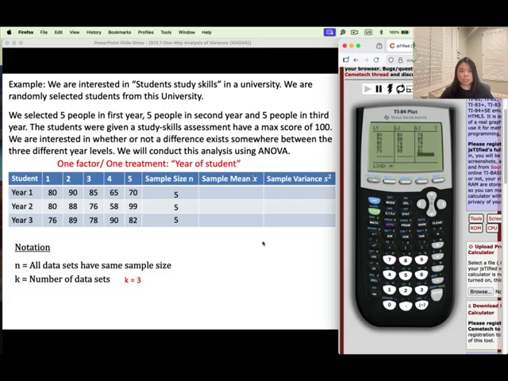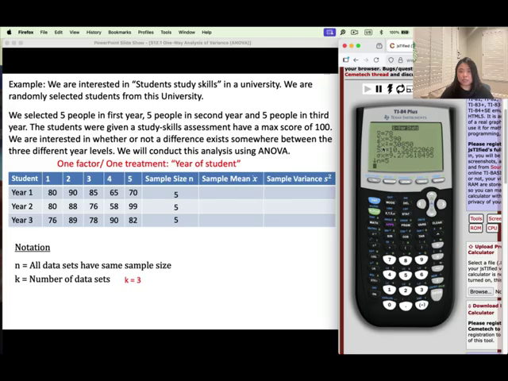Now, I want you to find out each population's sample mean and sample variance. Click on STAT, go to CALC, number 1, 1-Var Stats. First, I'm going to figure out L1. Go to Calculate. You're going to see I have the sample mean 78.